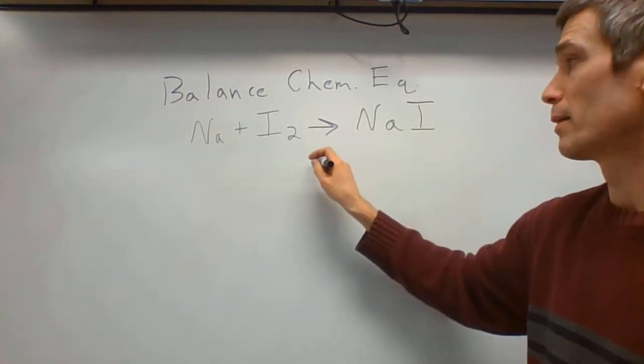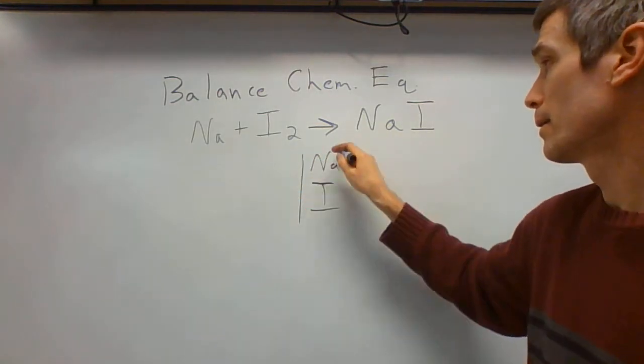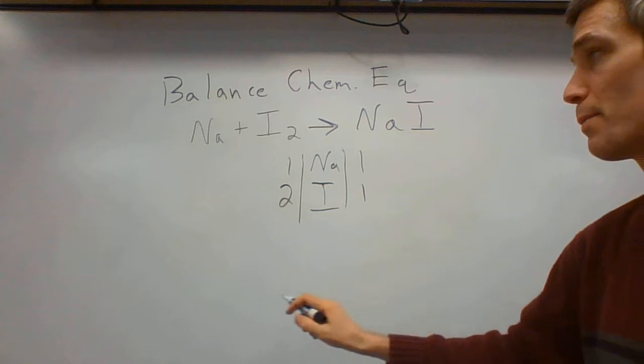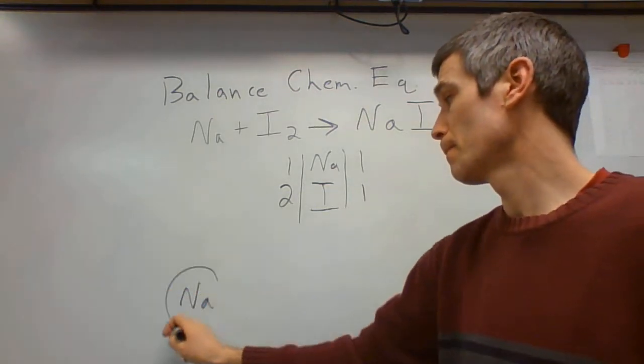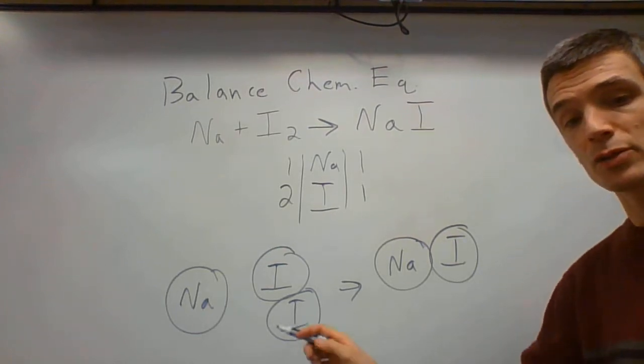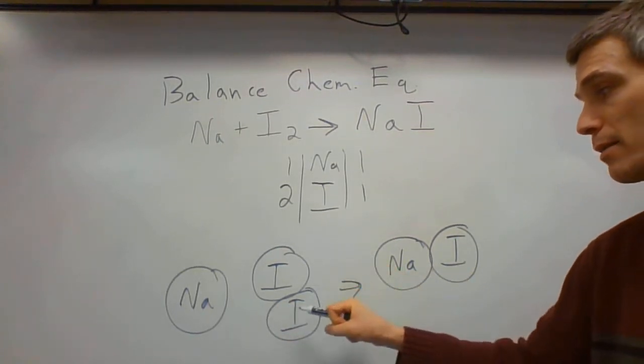Now, is this one balanced? I've got Na and I, 2, 1, 1, 1. So it's not balanced. I just paused it and I drew it in. You can see it's not balanced. I've got more I's on the reactant side than I do here.